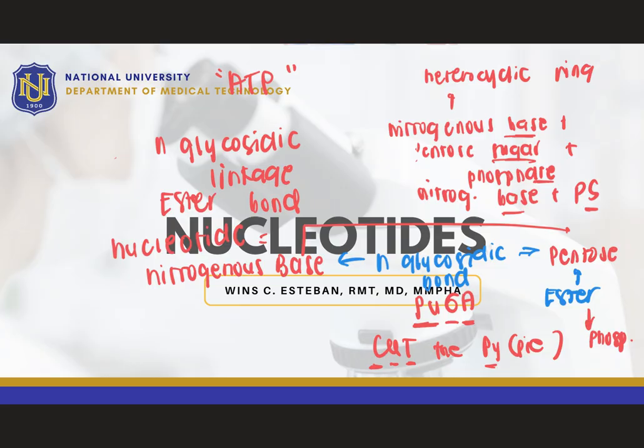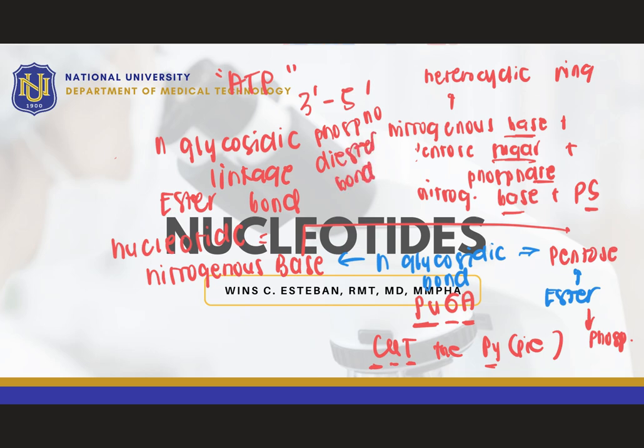So sabi natin 'di ba that your nucleotides are the building blocks of your nucleic acids. So what are your nucleic acids? So nucleic acid are the polymer of your nucleotides, and it is joined by your 3' to 5' phosphodiester bond.